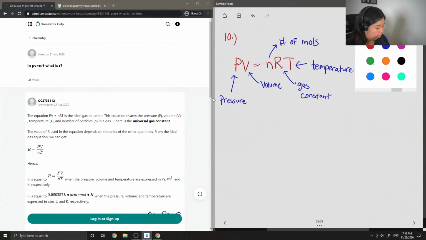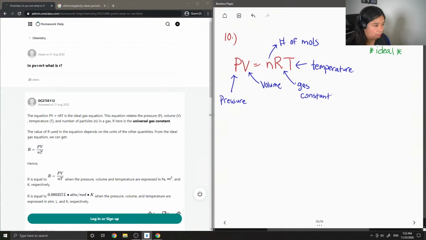So in green, I'm going to write down all the values in standard atmospheres, or I guess in ideal situations.